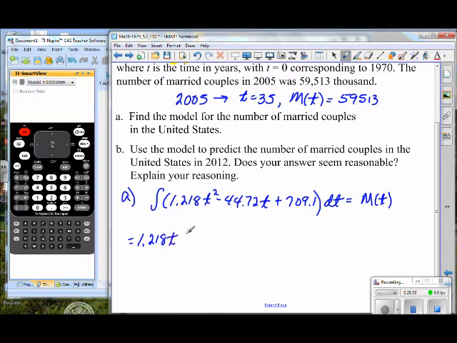Okay, so we end up with, and we just have to go through this term by term, and this is going to be add 1 to the exponent and divide by the new exponent. So minus 44.72 t squared divided by 2 plus 709.1 t to the first power divided by 1 plus c.